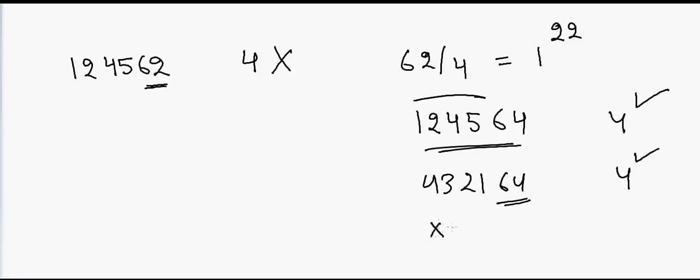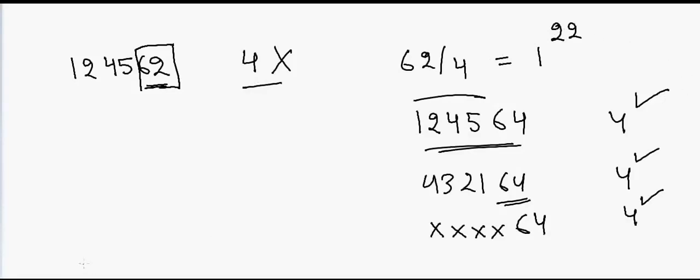Or I can write anything, x x x x and 64, then this number should also be divisible by 4. So I have to look for the last 2 digits to check if the number is divisible by 4 or not. In this case it is not.